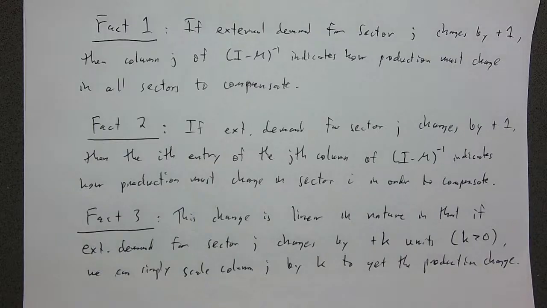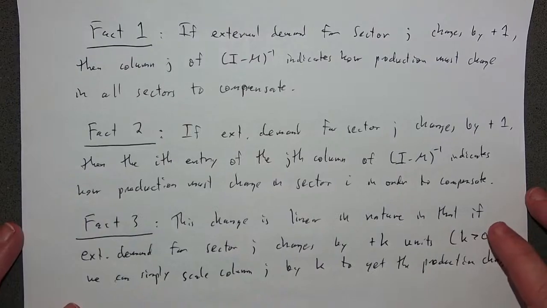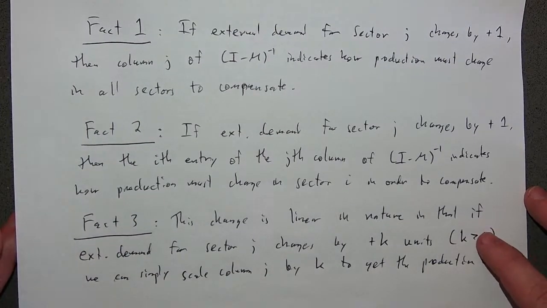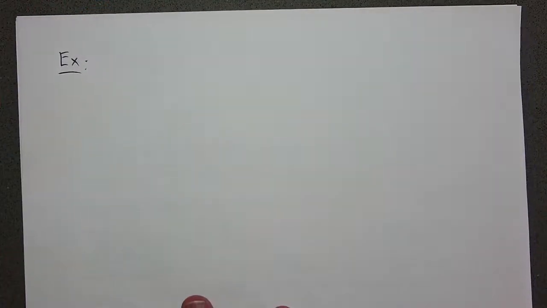So these three facts combine to allow me to determine a lot about what is going on with this economy based on the entries of I minus M inverse. So let's do a quick example of what we'll call a sparse matrix. What's a sparse matrix? A sparse matrix is a matrix that has a lot of zeros.